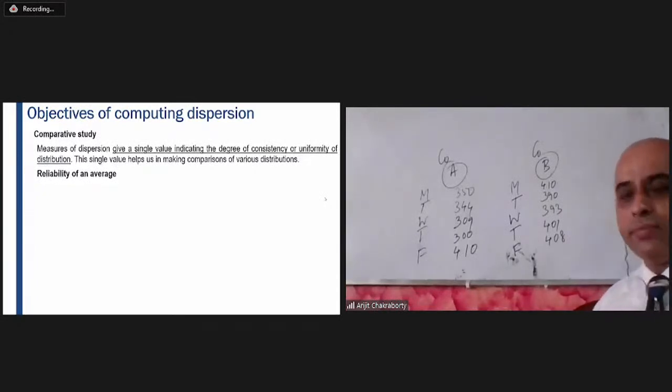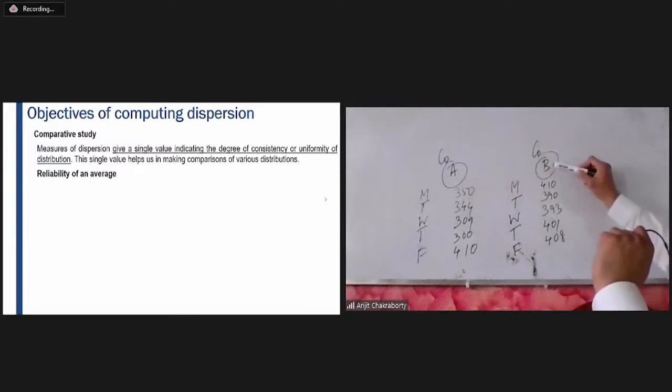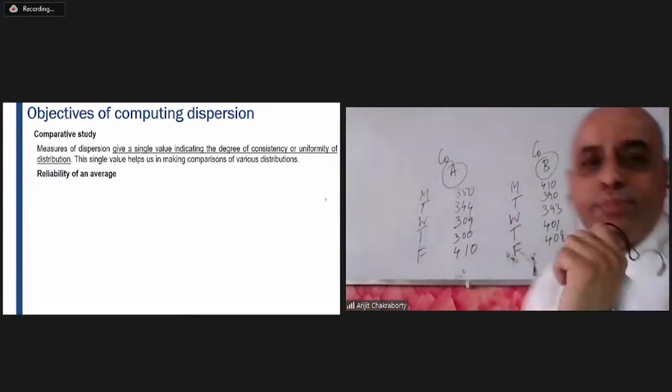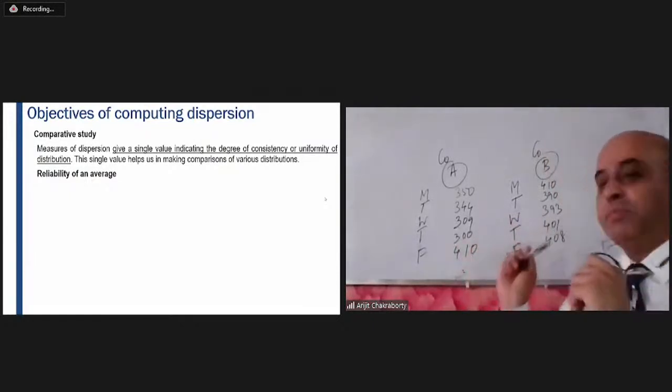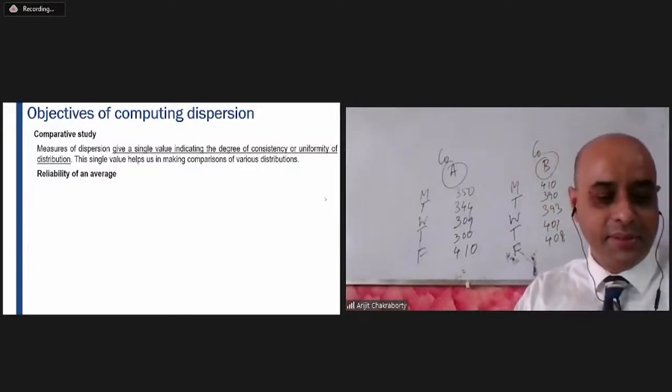Now, please see carefully the share price of company A: 350, 344, 309, 300, 410. And company B's share price on Monday is 410, Tuesday 390, Wednesday 393, Thursday 401, Friday 408. Which company's share is better, company A or company B, and why? So let's see.